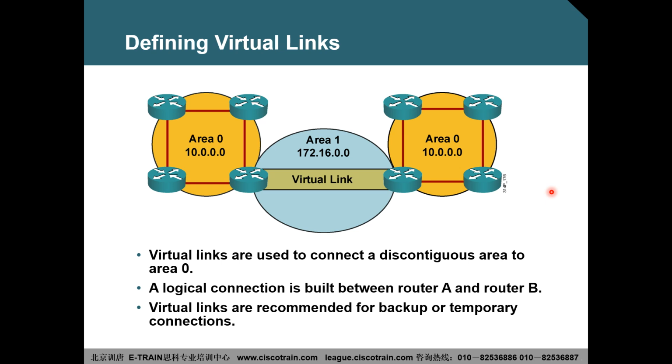Literally there is area 1, physically. But there is also another connection called a virtual link with area 0. So the routers will feel that we are not passing through an area called area 1, we are already in area 0. So via the virtual link, the routers feel that we are one, we are not divided.